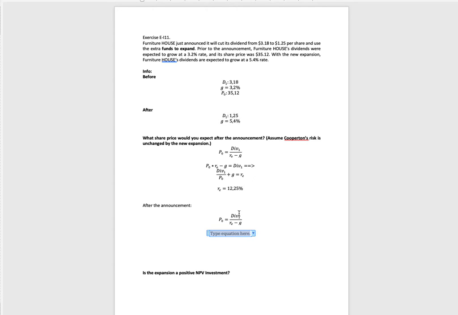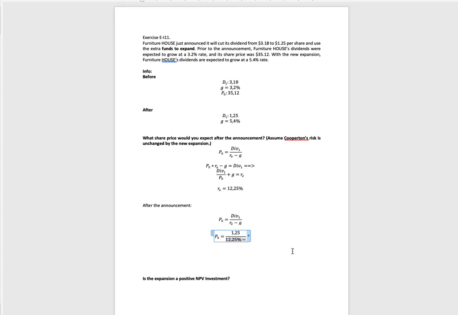And then just plug the information in, because after the announcement we know that the dividend is going to be 1.25, and the expected return is not going to change, because they are still expecting 12.25%, and if they get more, the value of the firm will just increase.